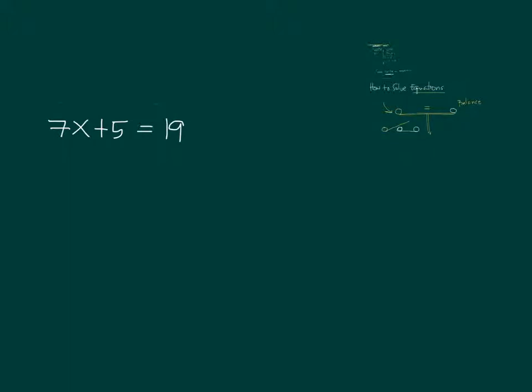So in equations, we want to find what is that number here, that when you multiply to 7 and you add 5, you get 19. Some people will try to imagine a number, what should I multiply to 7 and then add by 5 equals 19. So they're doing it through trial and error.